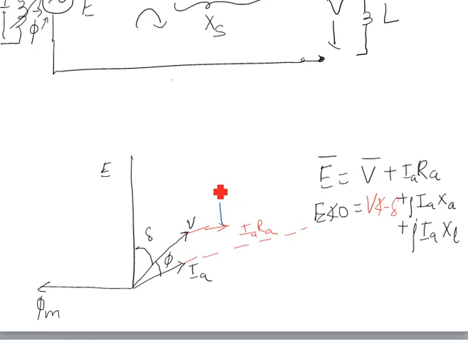So this is IA XA, and in the same axis there will be IA XL. This should be a straight line, but I am not able to draw the straight line.